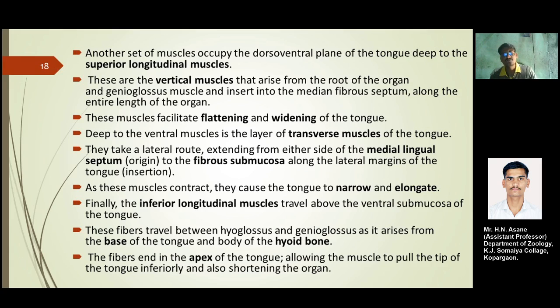These longitudinal muscles allow the pulling of the tip of the tongue inferiorly, and also shorten the organ. These muscles pull the organ's tip back towards the root, so that this shortens the organ length.